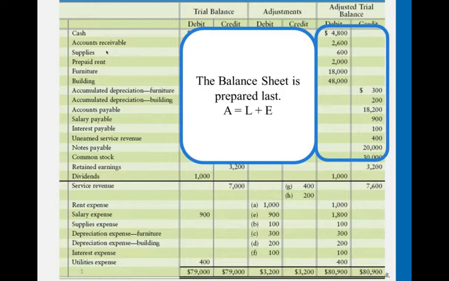Okay, so the statement of retained earnings is only looking at changes in the retained earnings account. The income statement is even more narrow. It's only looking at profit, net income or net loss. But all of these accounts are part of retained earnings. So once you do the income statement, net income will be transferred to retained earnings.